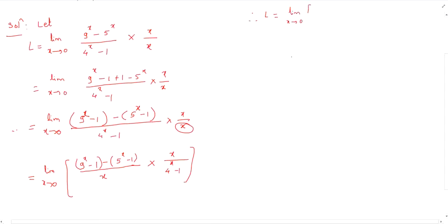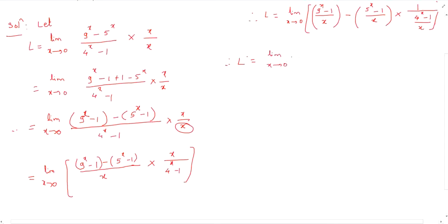Now our next step is that therefore L is equal to, we can write the terms separately like this: (9^x - 1)/x, this one term, and minus (5^x - 1)/x. Okay, the same can be written in this way, or you can directly take the limit also, but for your understanding I am going to write it this way. Now, according to the algebra of limits, we can take the limit of separate functions.